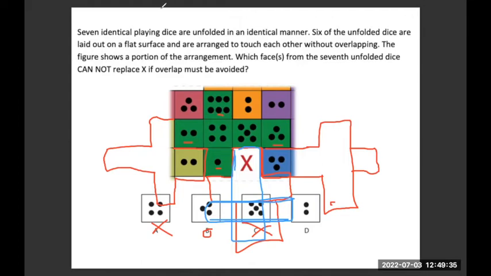Ma'am, option D. Option D, right? I mean, the number 2 that you were saying. Yes, ma'am, that's correct. What happens is if I choose, let me erase certain parts and then it becomes clearer for you.